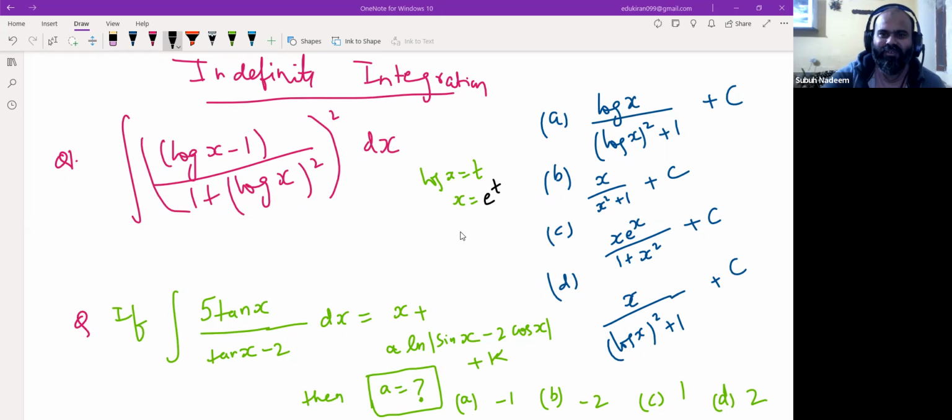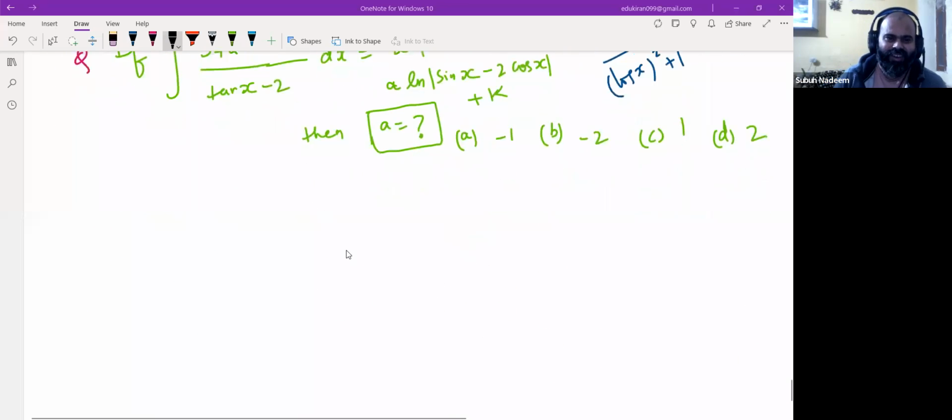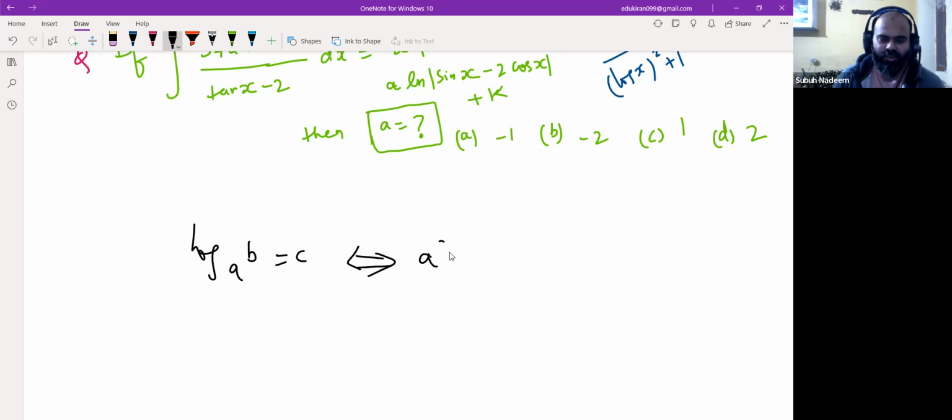This is the definition of log and exponential: if we have log of b to the base a is equal to c, this means that a to the power c is equal to b. That is how the birth of log has happened. So if it is log of x is equal to t, with nothing written, then the base is e.